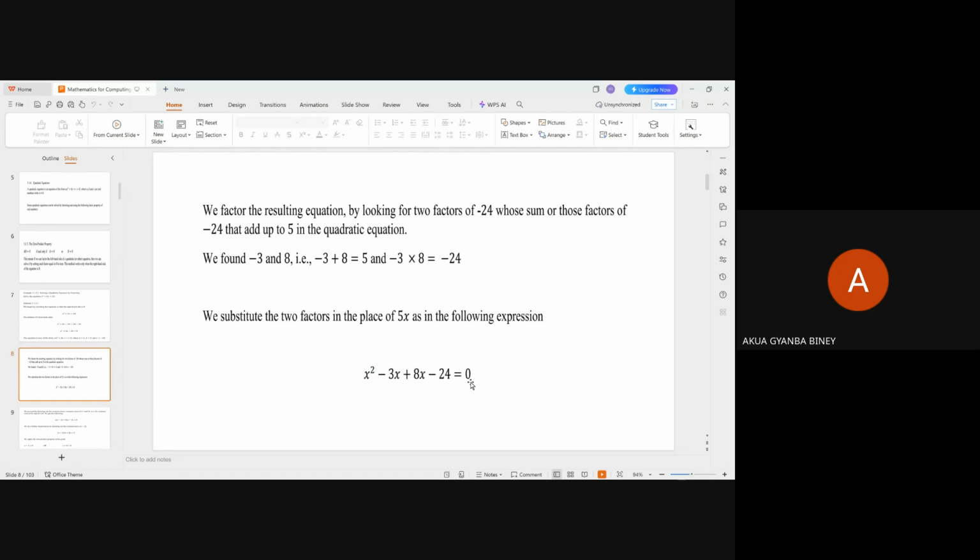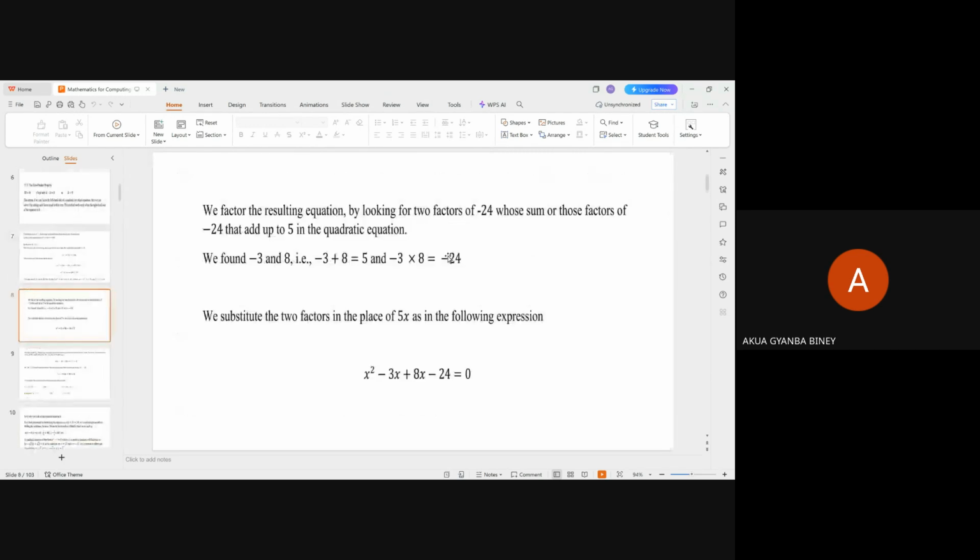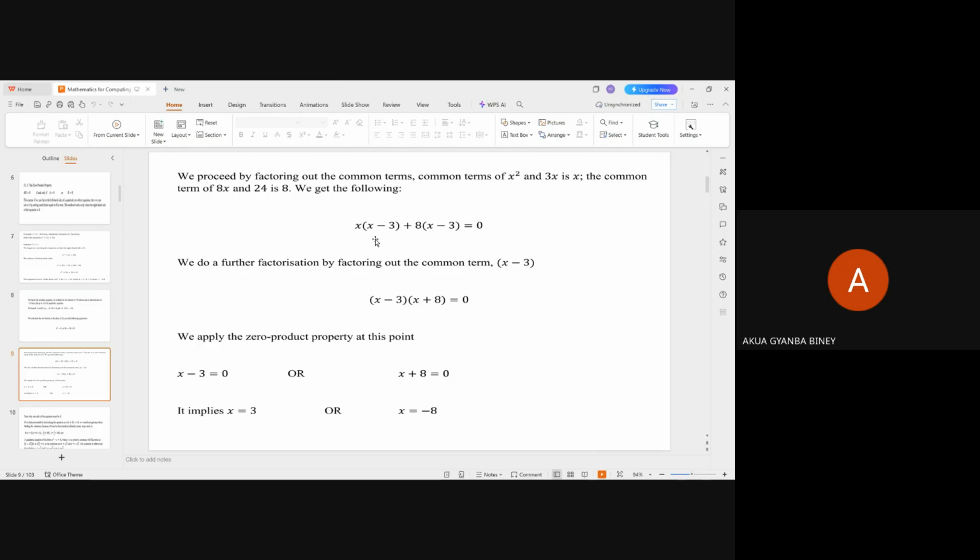With these two, now you can try and factor out. We factor out x minus 3 plus 8x between 8 into brackets x minus 3. When I say factor out, I mean the x squared plus the first part of the B, and the last part of the B and the C. When you do this factorization, you end up getting the same terms in the brackets.